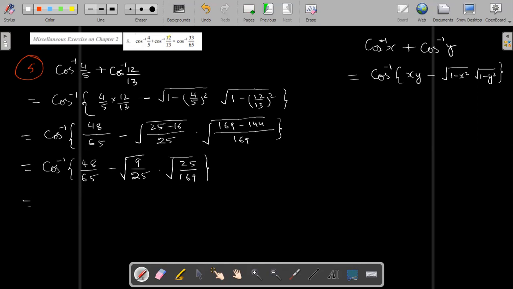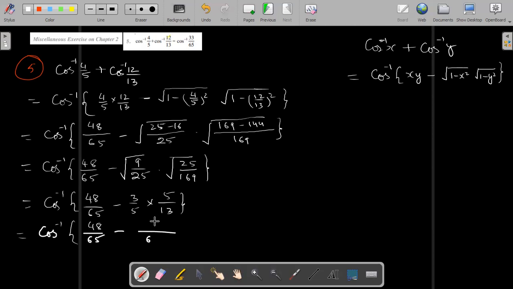Now square root, you can put the square root. Both are perfect squares. So 48 by 65 minus square root of 9 is 3, square root of 25 is 5, again 5 upon 13. Okay. Again 5 does not cancel. You can have 65 as the LCM. So 48 upon 65 minus, 5 into 13, 65, and 3 into 5 is 15.